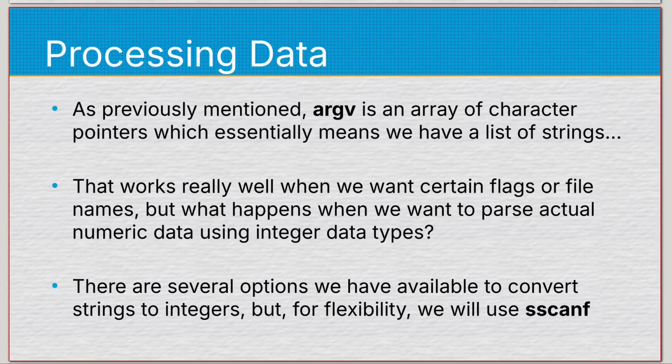Well, if I try to do any arithmetic on that, it's not going to compile, because you're going to try and do this character array divided by another character array or plus a character array. It's not going to be what it needs to be. We need actual integer data types. So we need a way to actually convert those character arrays or strings to the data types that we want.